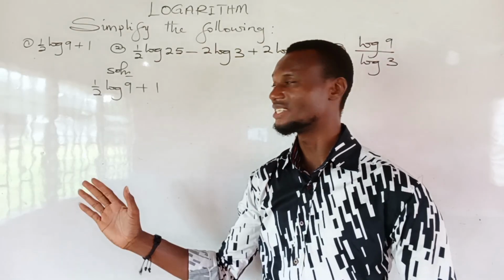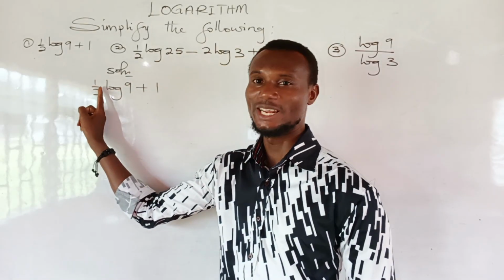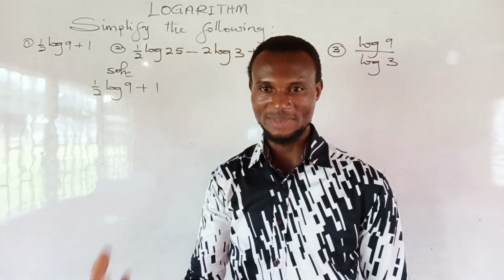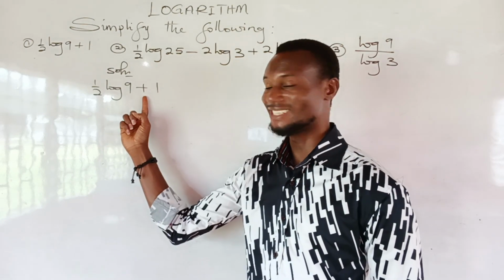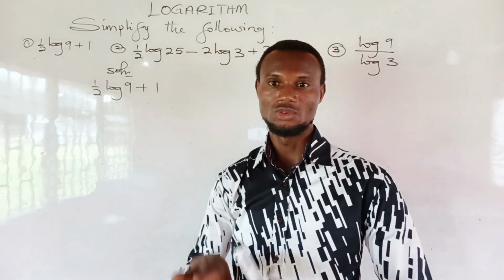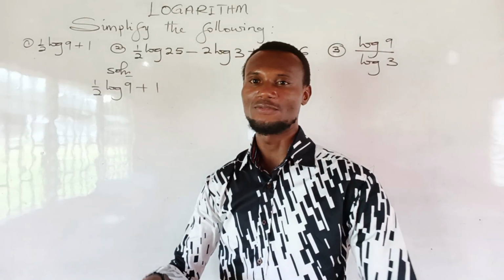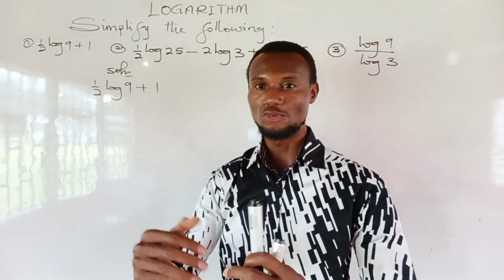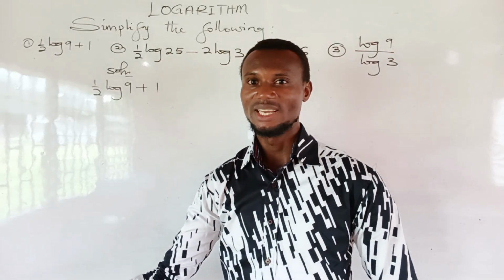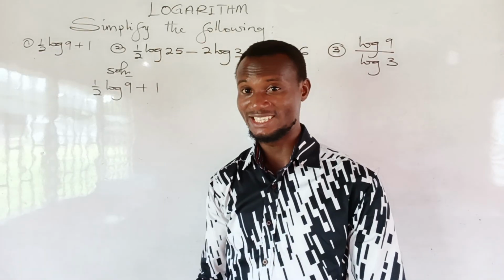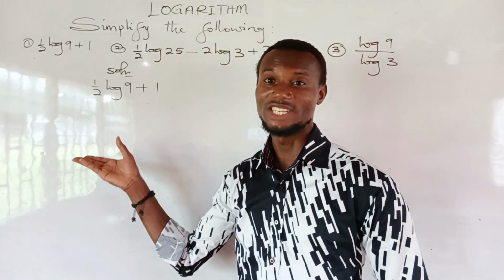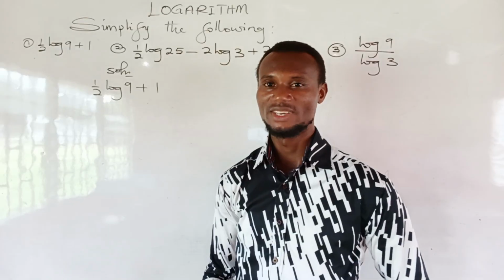So anytime you see a number in front of the log, the power rule needs to come to mind. And anytime you see an addition sign, the product rule needs to come to mind. And all of these rules and laws, we've established them and proved them in the previous videos. And we've also done a recap on it as well. So we are going to just apply the knowledge to solve this question.